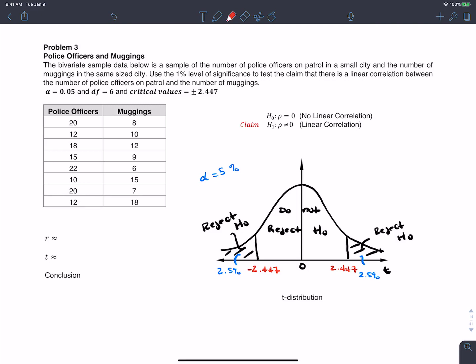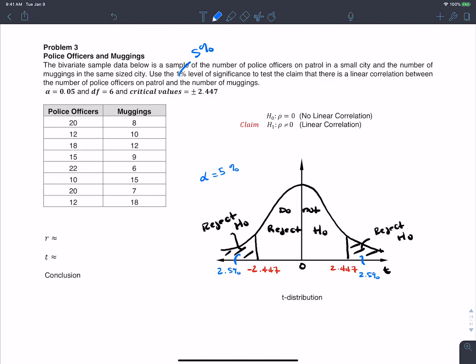So, let's write this down. Actually, you guys don't know, I actually changed this. So that's why there's a typo. So, use the 5% level of significance, and I want that to be actually blue. You're going to use the 5% level of significance.